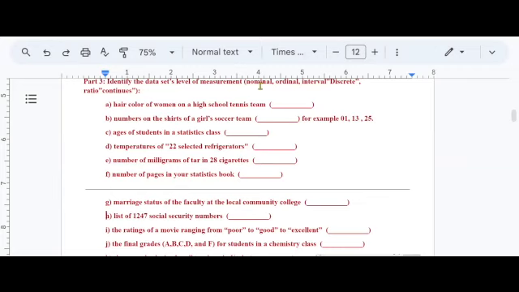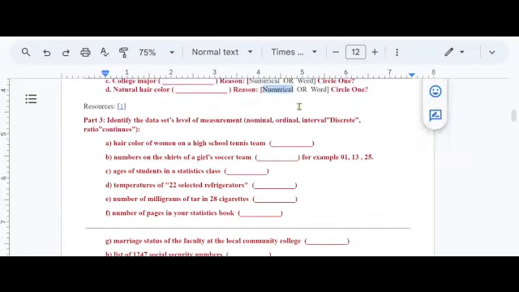So here we are asking about what? Nominal, ordinal, interval, or ratio. So let's go. Who's next?